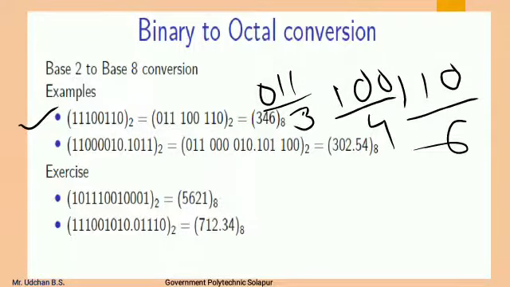This is how the given binary number is converted into octal number. The next example is solved like the previous one. You can see this and cross check the answer, and these are the exercises for your practice.